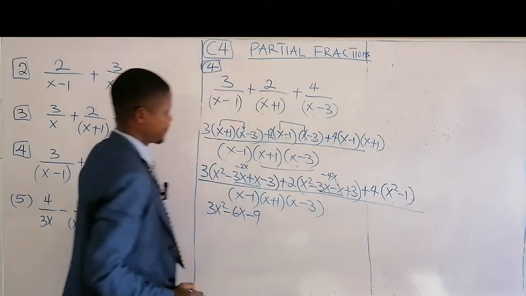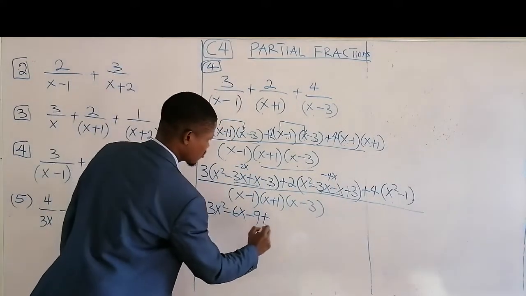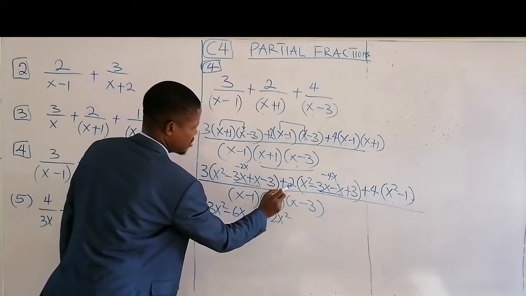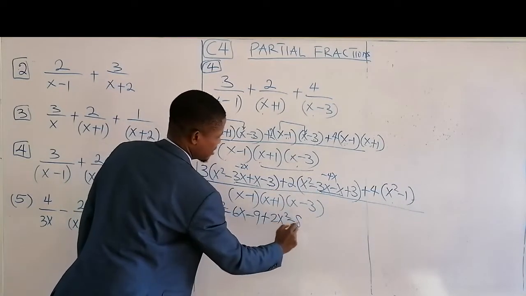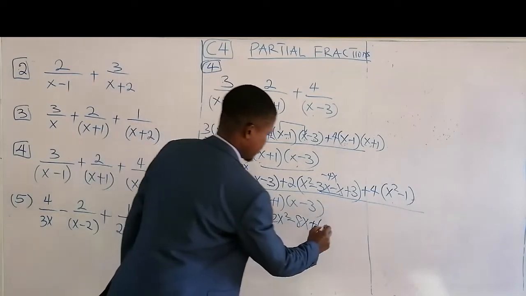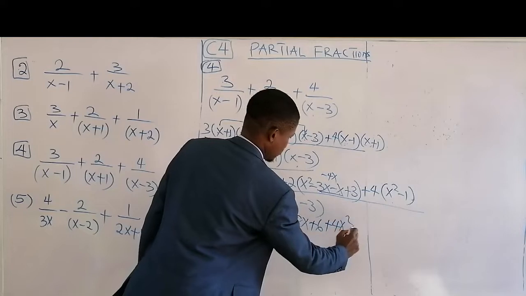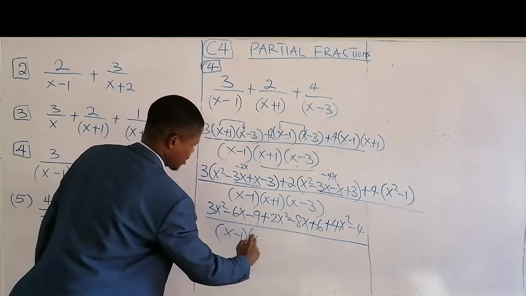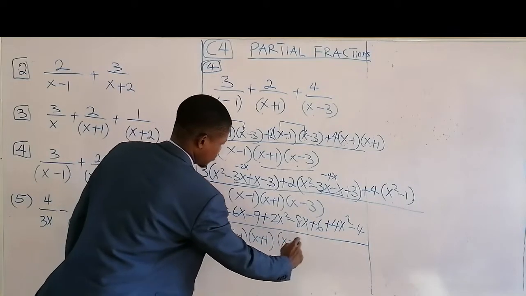Minus 4x. So I'm going to have plus 2x squared, this times this, and also this times this, that's minus 8x, and then 2 times plus 3, plus 6, and finally plus 4x squared minus 4, all over x minus 1, x plus 1, x minus 3.